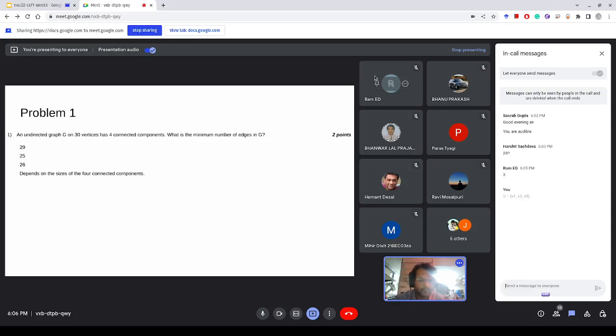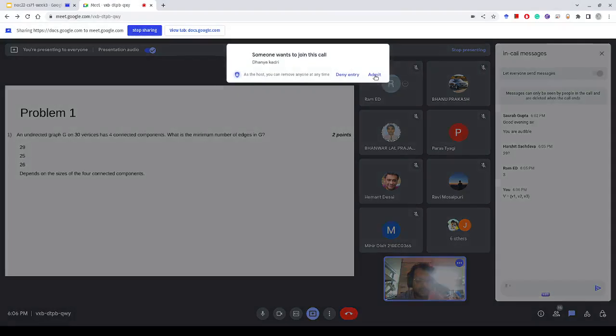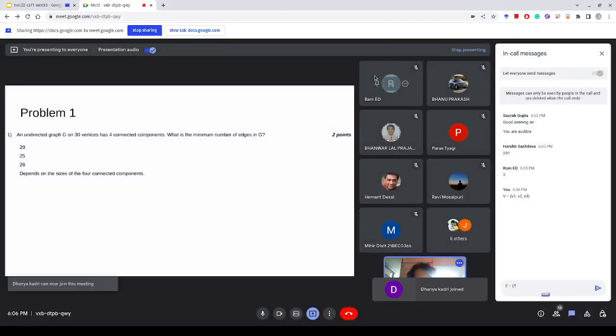So you can answer in the chat box, I'm asking what should be the minimum size of the set of edges that it can have. There is no constraint of it being connected or anything.